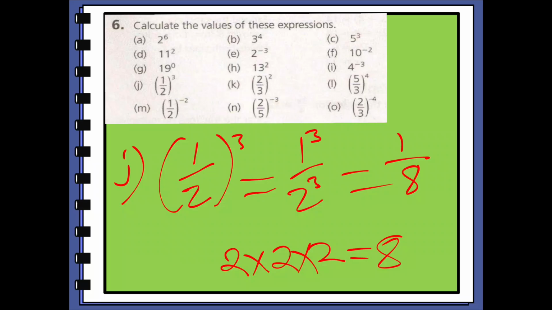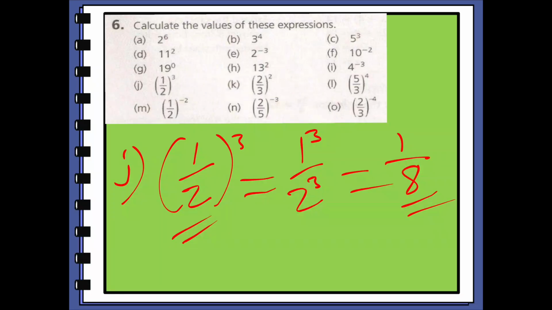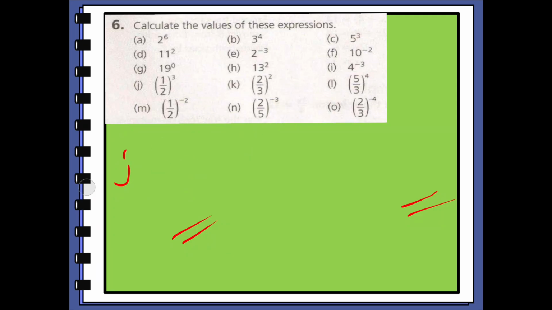So here we've got 8. So the answer to this question is 1 over 8. I'm sure you can work the same way for K and L. Yeah, K, L, they are similar. Then M. Okay, let me help you with M a bit.